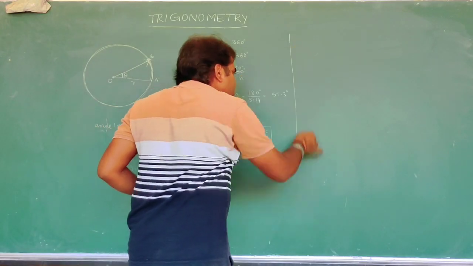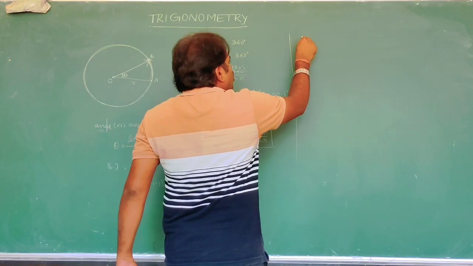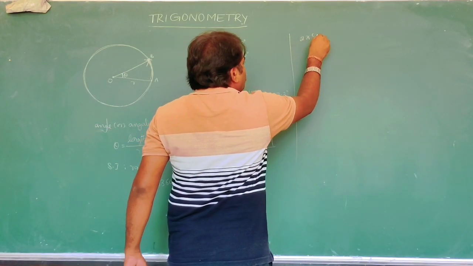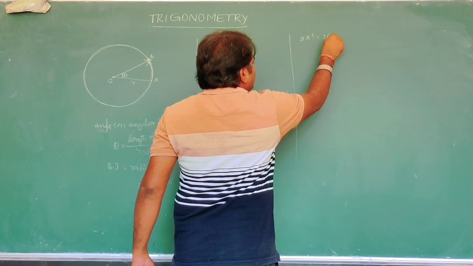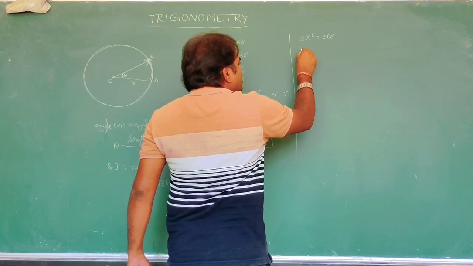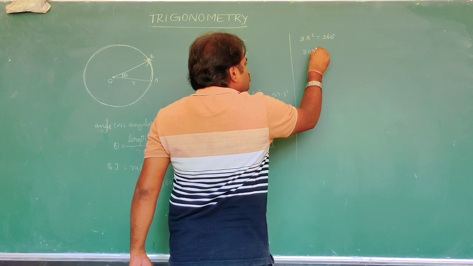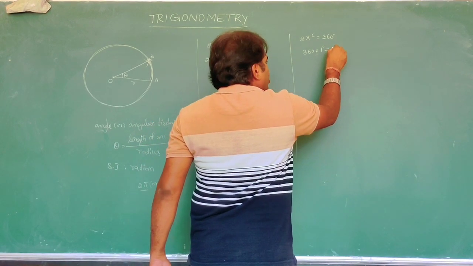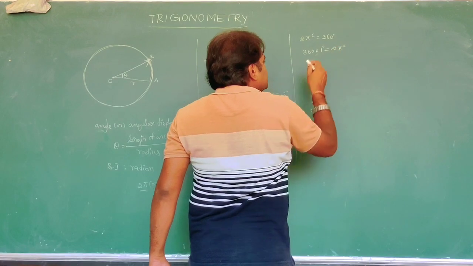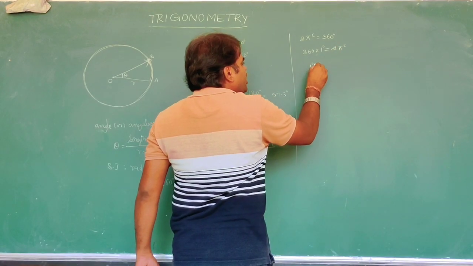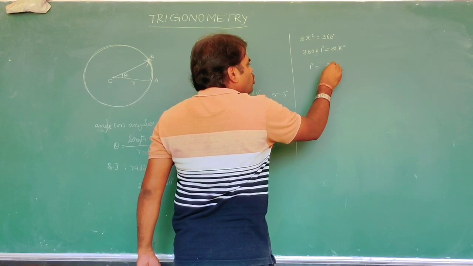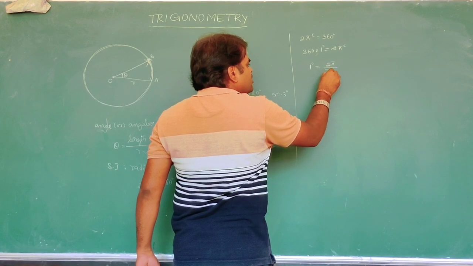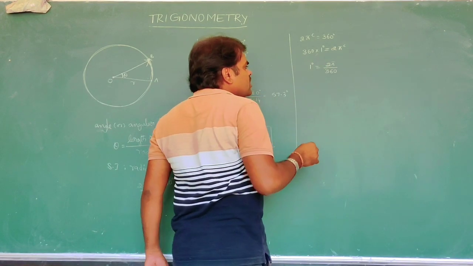Now you see it like that. 2 pi radians is equal to 360 degrees. Now for degree, 360 degrees is equal to 2 pi radians. So 1 degree is equal to 2 pi by 360.